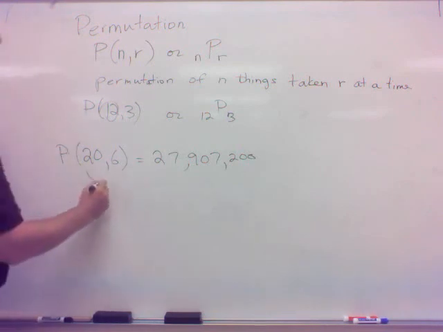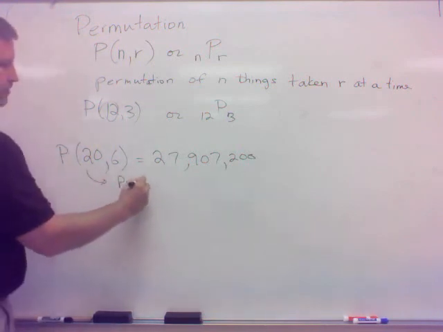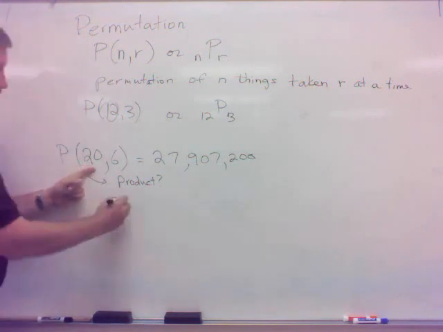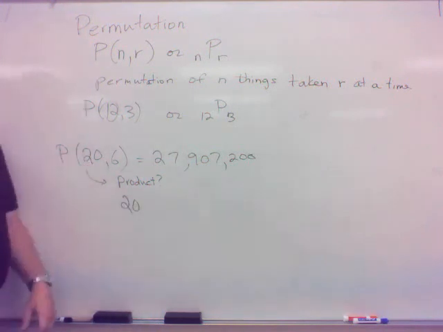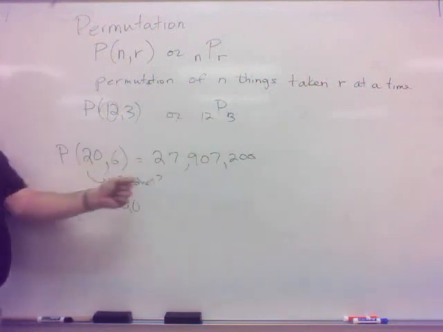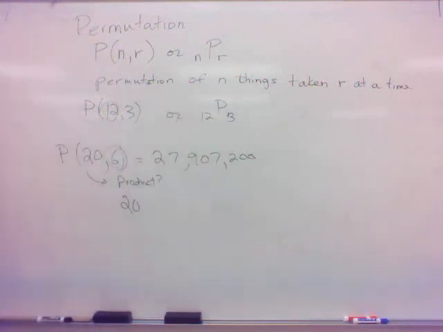Okay? Now, what I'd like for you to understand is also what that means in the product. What product is that? Like we had the 12, 11, 10 for this one. What is this one product-wise? Because we didn't even have to do it to evaluate it. But what would it be if I wrote out the product? Well, I start at where? The first number, 20, and then count down, right? Now, do I count down to 6? No. This is the number of things at a time.